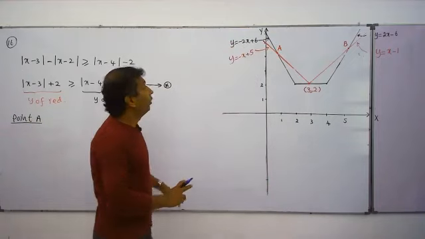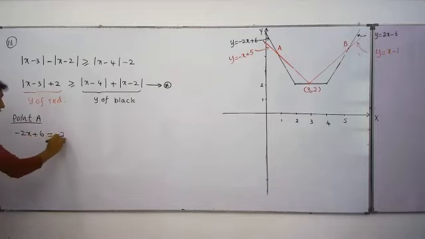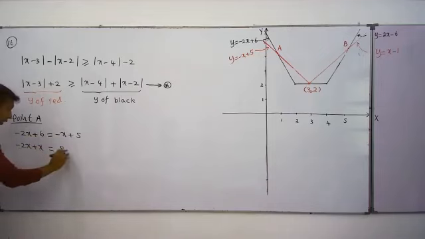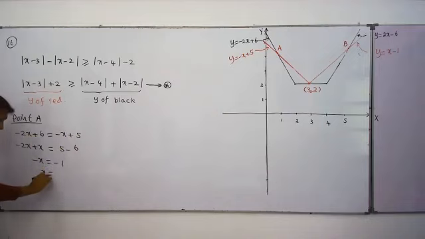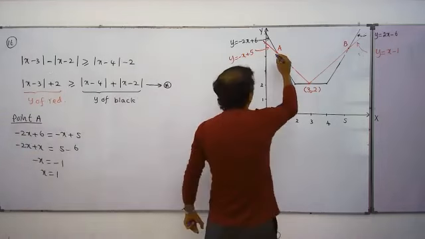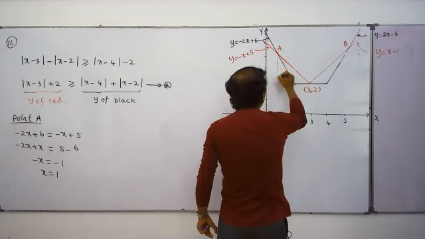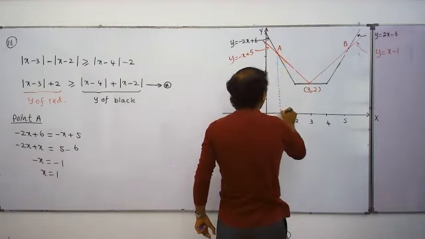So therefore, right hand side, minus 2x plus 6 should be equal to minus x plus 5. Bring this to this side, minus 2x plus 6 equals, here 5, take this 6 to the right hand side, minus 6, here minus 6 equals minus 1, x equals 1. X equals 1. This x coordinate is 1, people, right? Here 1.